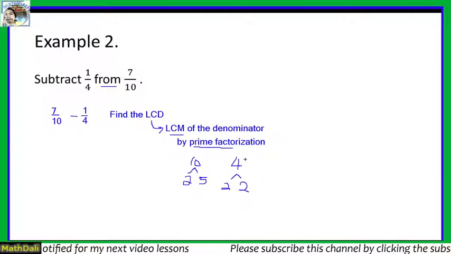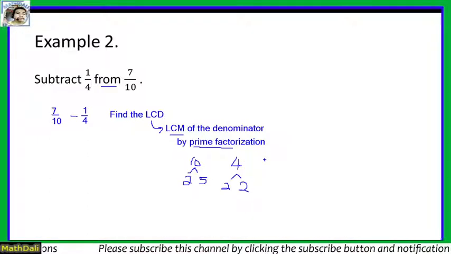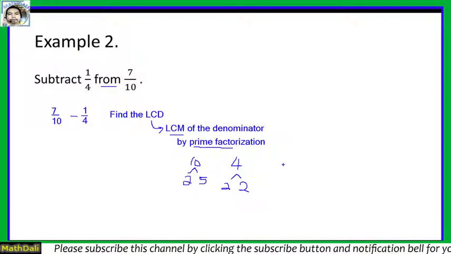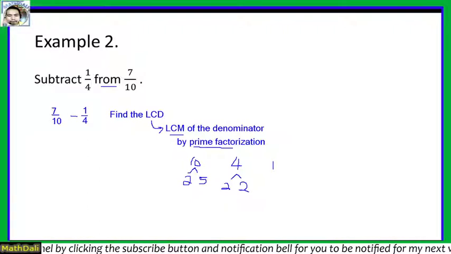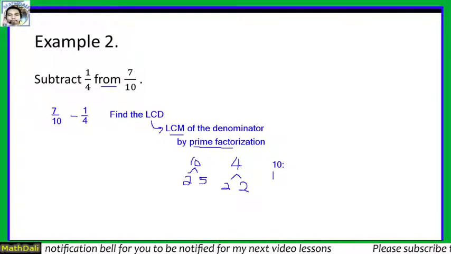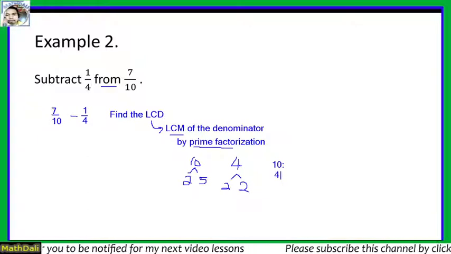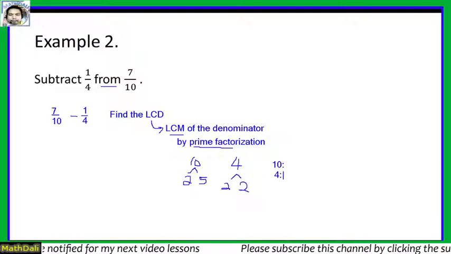Yan. Yung prime factorization kasi, mahanap din dito yung ating GCF na tinatawag. Yung greatest common factor. Okay, so, then we have the factors of 10. Lagay lang natin dito. Okay, then we also have the factors ng ating 4. Lagay natin yan.